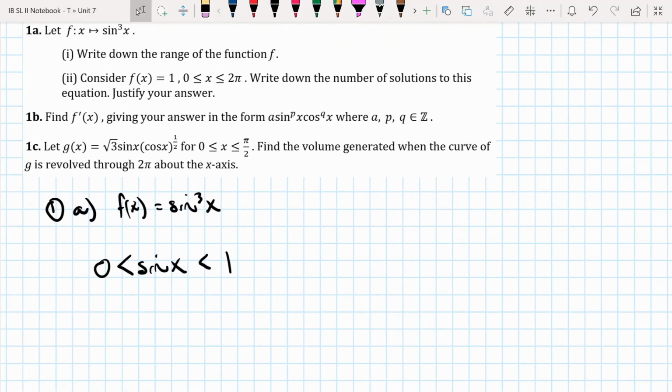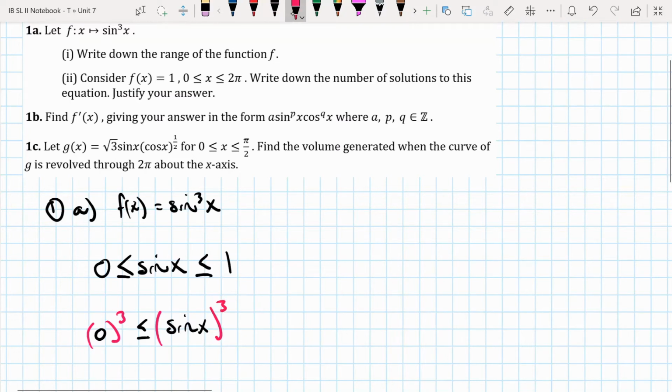Then we can cube this whole inequality, each individual part. So we have 0 cubed is less than or equal to sine of x cubed, which is less than or equal to 1 cubed.